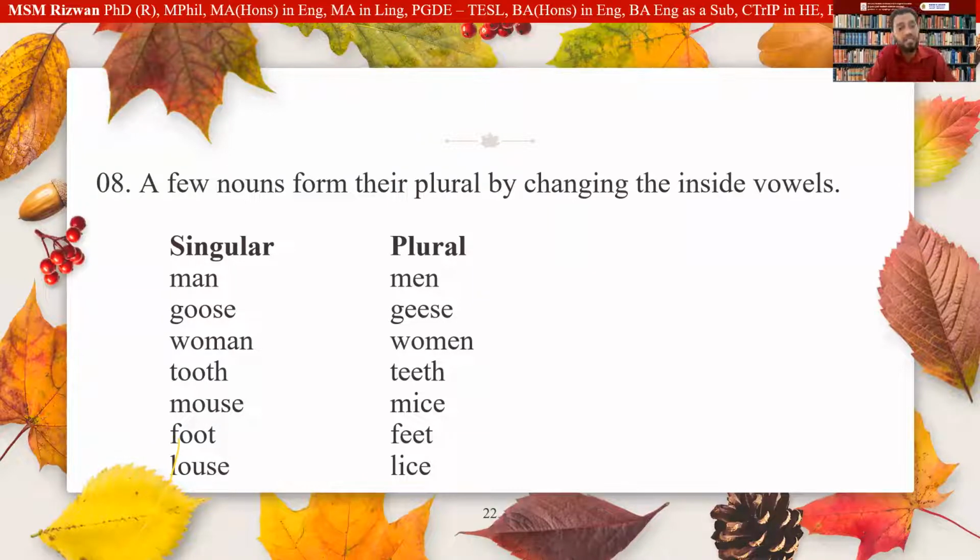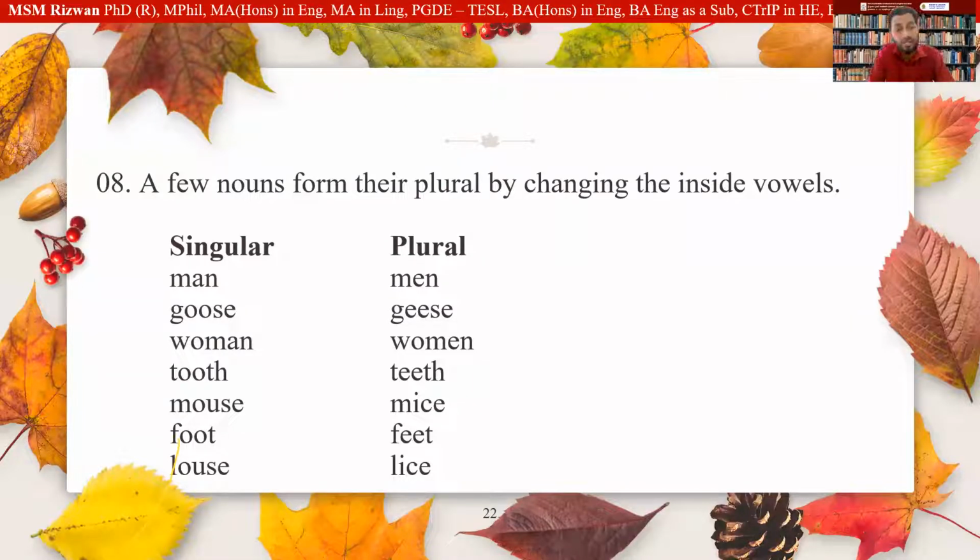Now look at the eighth one: a few nouns form their plural by changing the inside vowel. So we call it different singular and plural. We ourselves can't make these nouns. There is a default formation of the singular and the plural, but we could notice how they change from singular into plural by changing the inside vowel within the word.